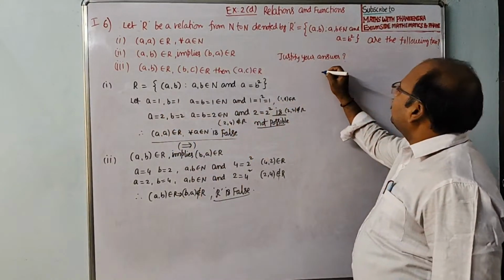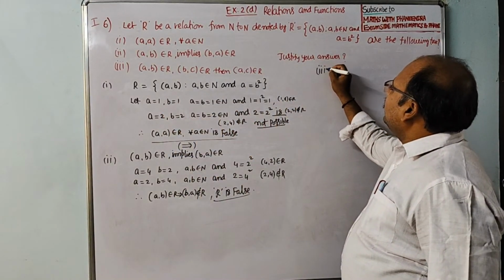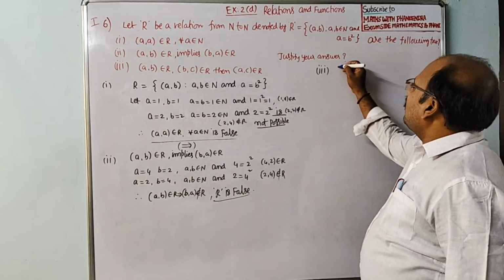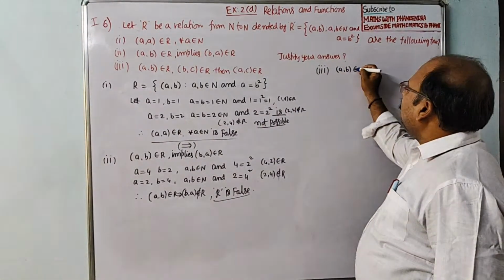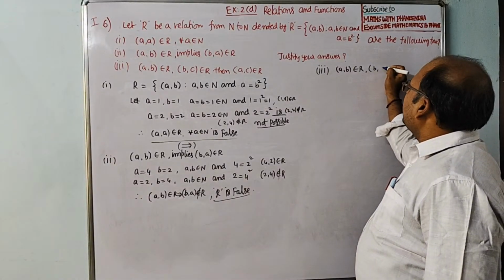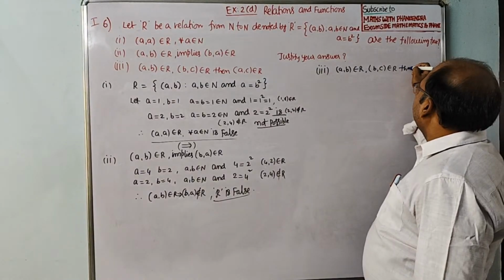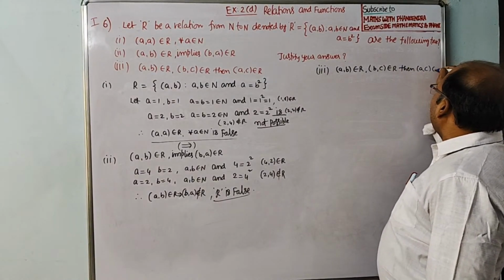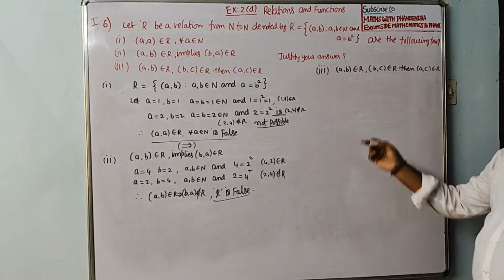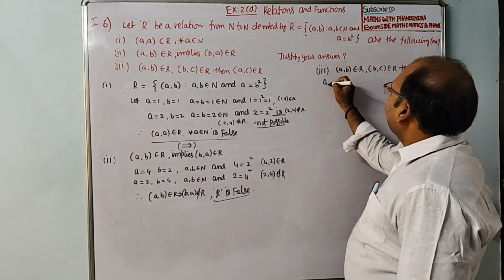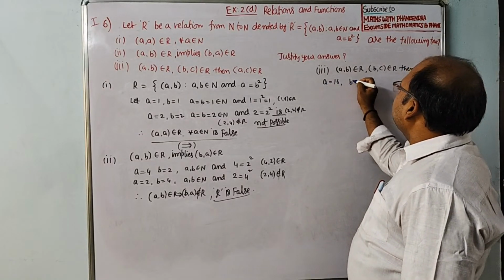Third point: (a, b) belongs to R, (b, c) belongs to R, then (a, c) belongs to R. For example, a is equal to 16, b is equal to 4.